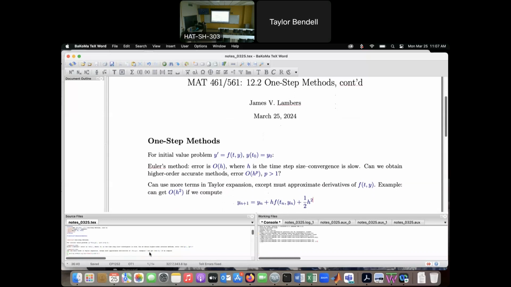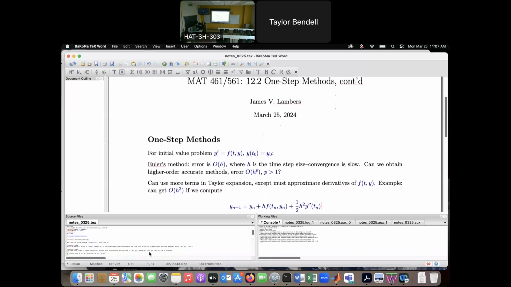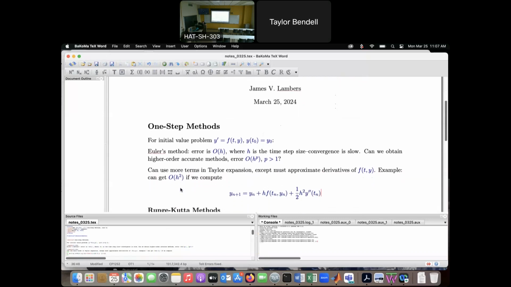At time tn, that would be equal to the derivative of f of t, y of t, and then evaluating that derivative.